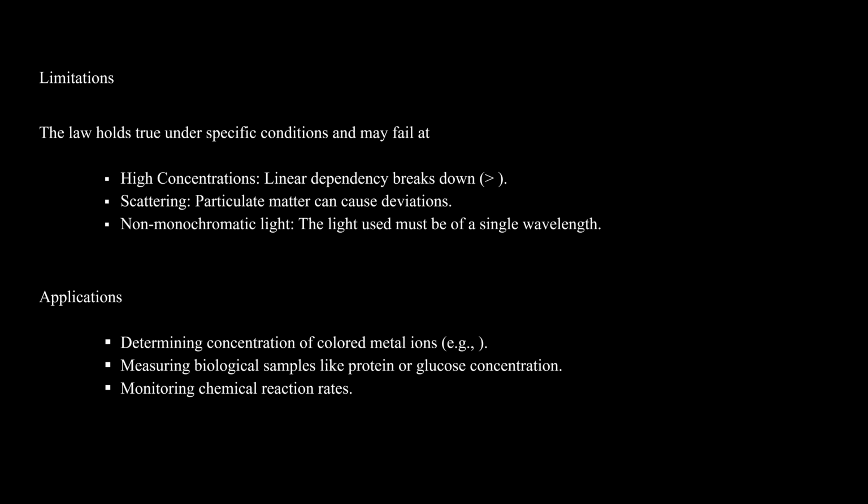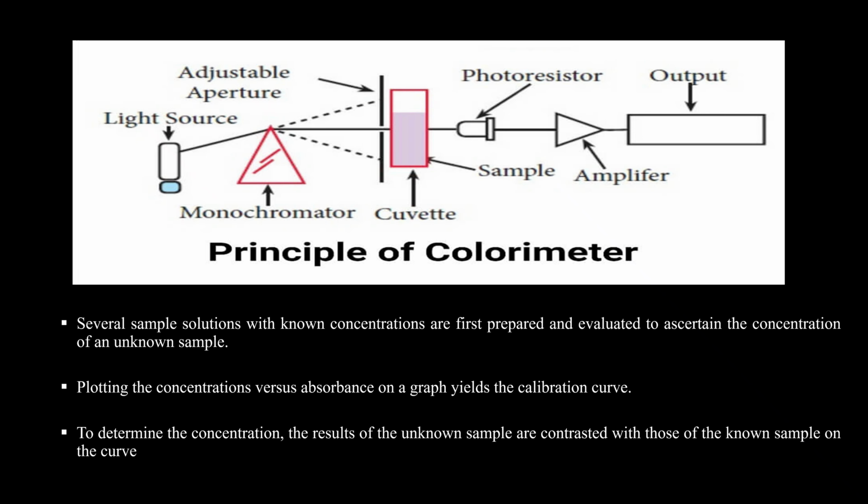The application is to determine the concentration of colored metal ions, biological samples like protein or glucose concentration, and to monitor chemical reactions. The principle of the colorimeter: light passes through a monochromator to the cuvette with the sample, then to a photodetector, which amplifies the signal to output.